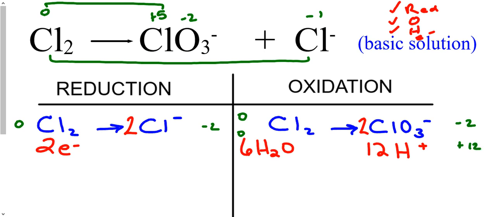So on this side we are at a total of plus 10. Now, this is a much higher number than 0, so I am going to need to add 10 electrons to this side of the reaction in order to bring our charge down to 0 so it matches with the other side.